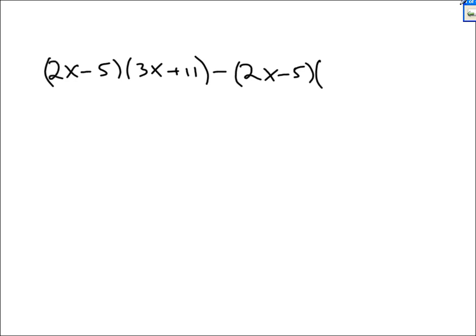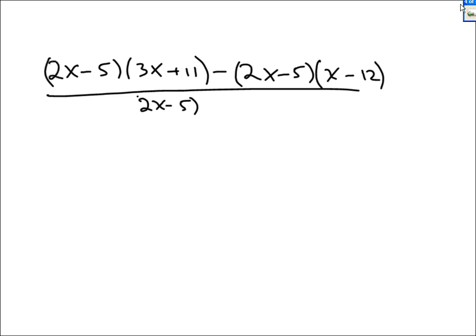Okay, suppose you have something like this: 2x minus 5 times 3x plus 11, minus 2x minus 5 times x minus 12, and all of this gets divided by 2x minus 5.